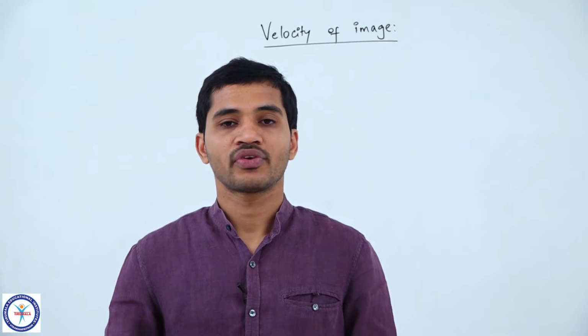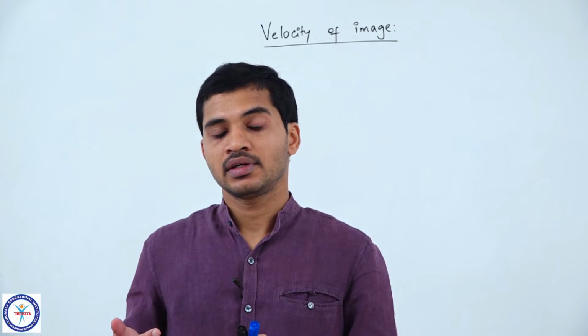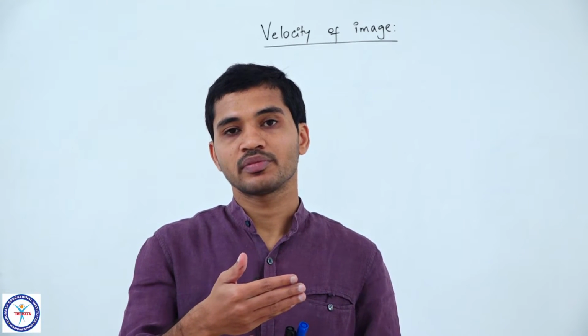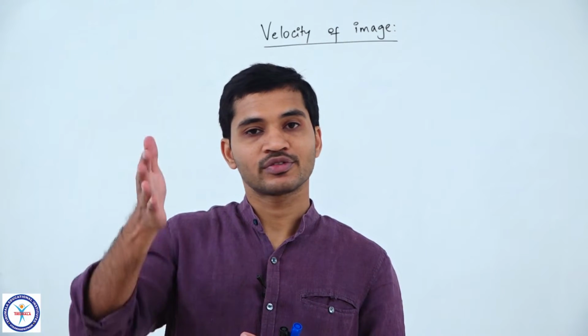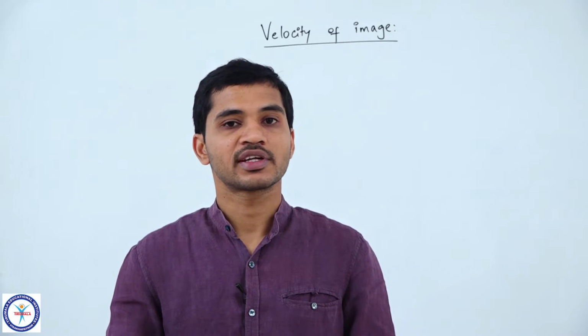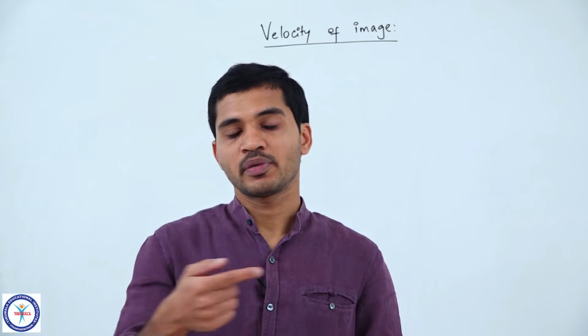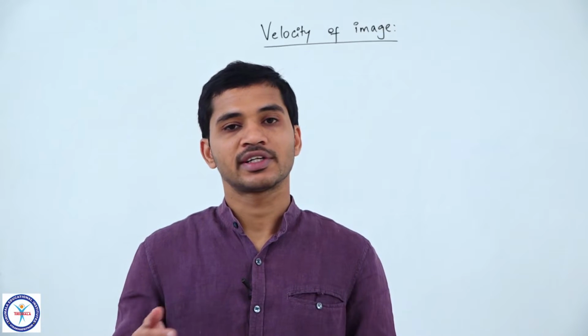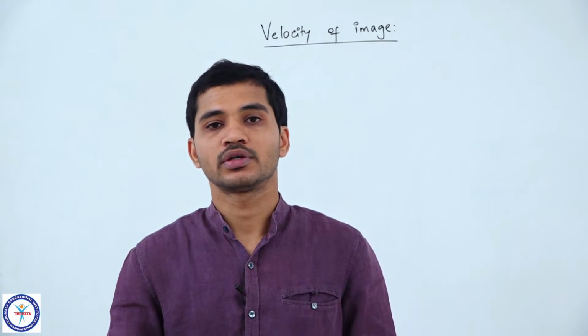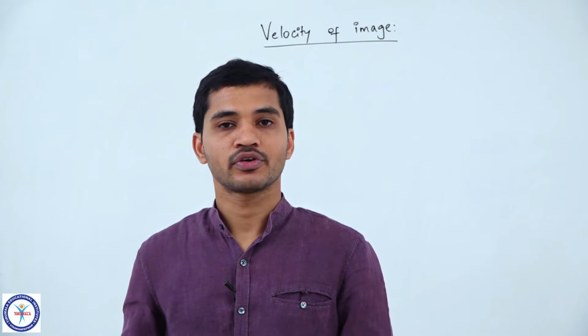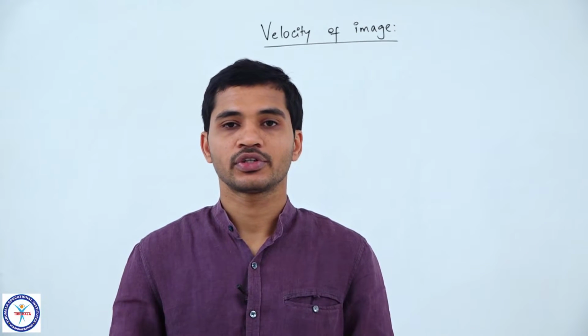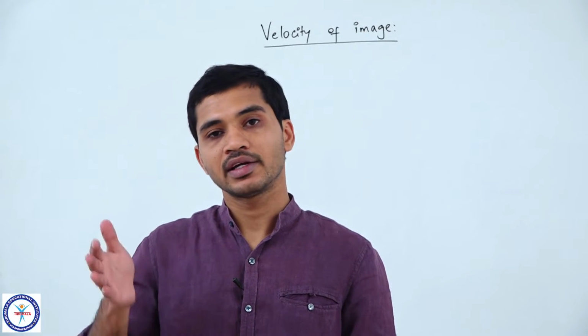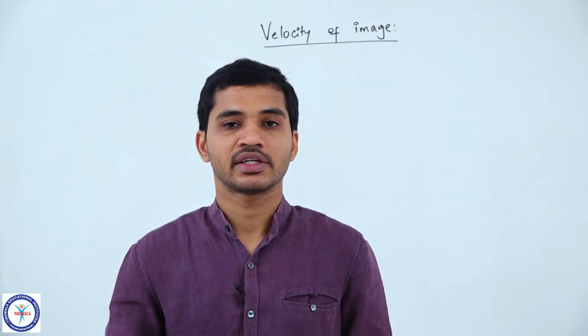There, what we did was we analyzed the perpendicular direction to the mirror separately and the plane of the mirror separately. I hope you remember the results which we have derived. In the perpendicular direction to the mirror, we got the result velocity of image is equal to 2 times velocity of mirror minus velocity of object, and in the parallel direction to the mirror, what did we get?